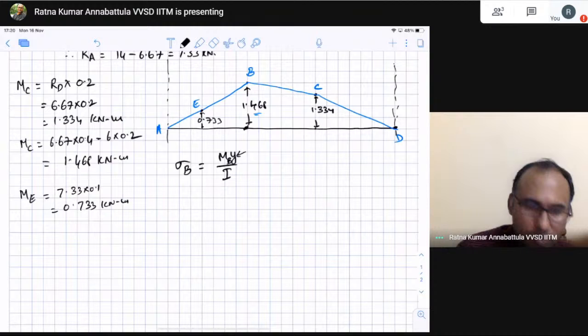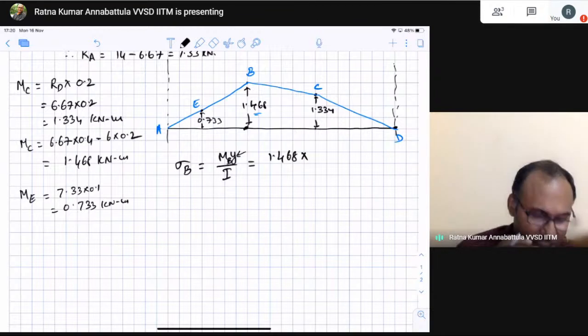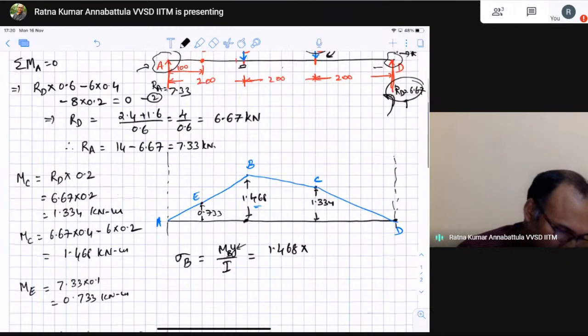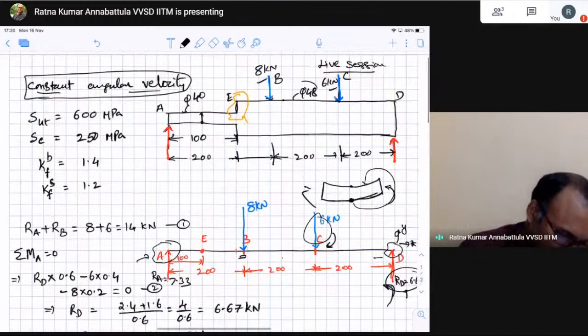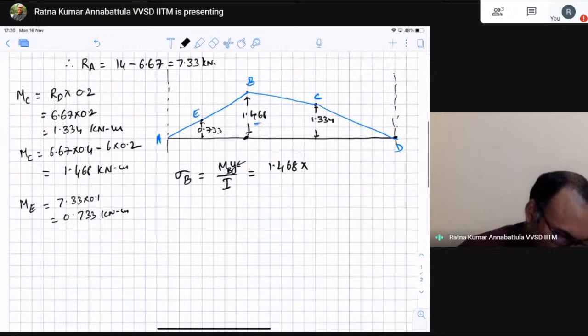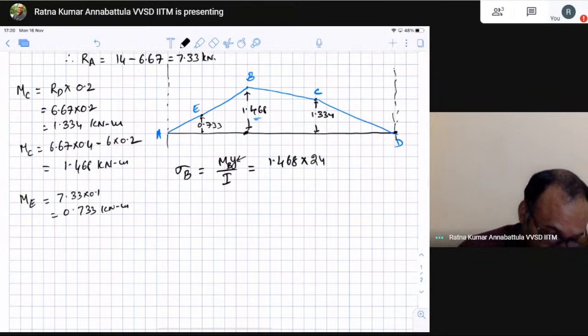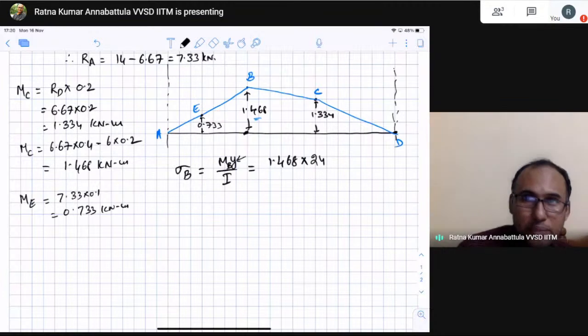That is equal to 1.468 times, what is y? Y is the distance from the neutral axis to the outermost fiber. Because it's a circular shaft, the shaft diameter is given as 48, so the distance will be half of that, that is 24. So that is 24 what? 24 mm. Please keep that in mind.